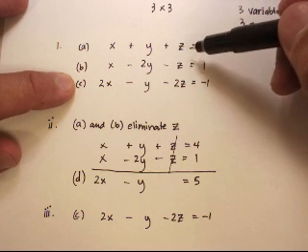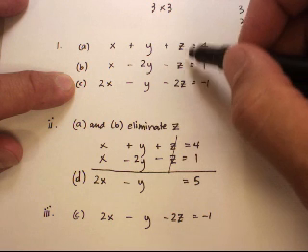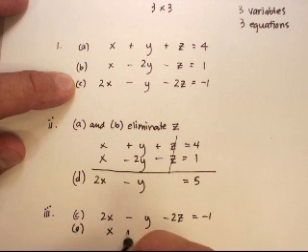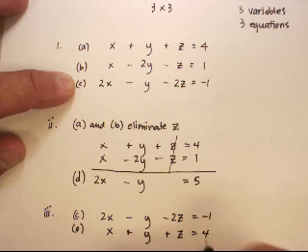I could choose either A or B, but I'm going to choose A. So I'm going to pair it with the A equation, x plus y plus z equals 4.